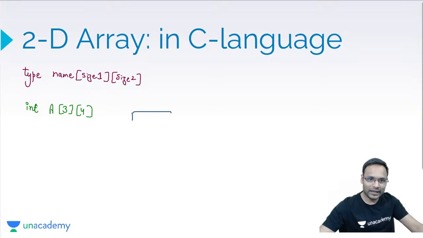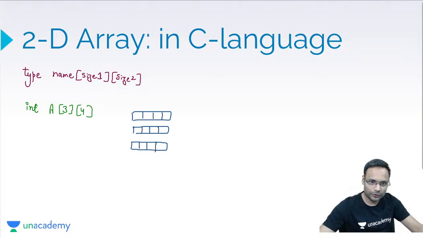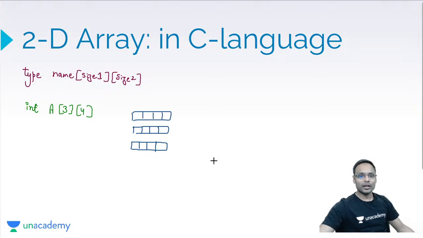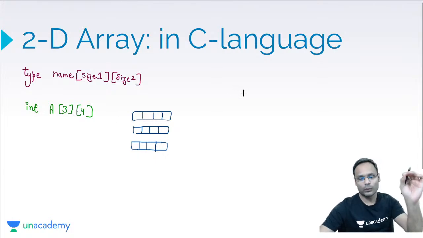This kind of array will have 1 2 3 rows, each having 1 2 3 4, 1 2 3 4, 1 2 3 4, like this. 12 elements in total. How? 3 rows, 4 columns, 3 into 4 is 12 elements.